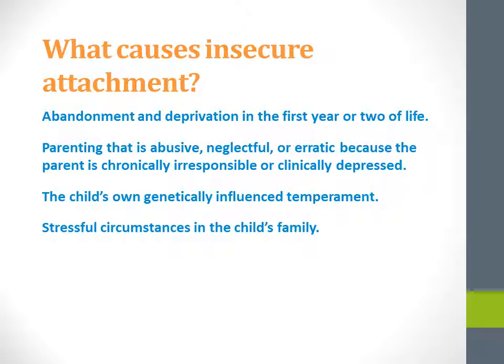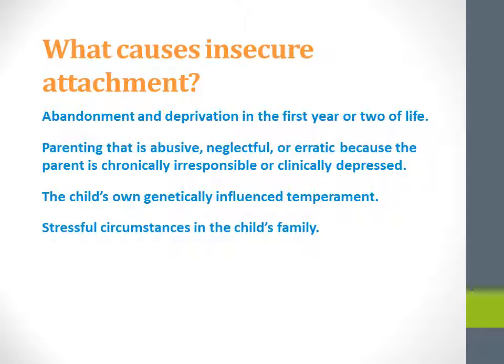Particularly when the child's temperament and the parent's temperament don't really match one another. So you might have a parent who's really, really laid back, easygoing, and then you have a child who's very tightly wound, right? Or a child who's incredibly irritable.